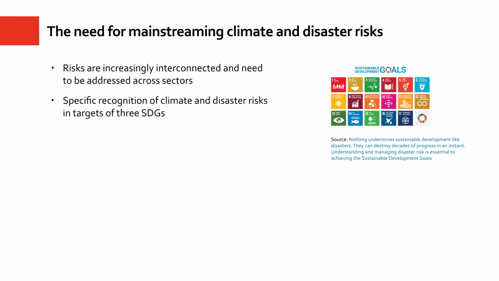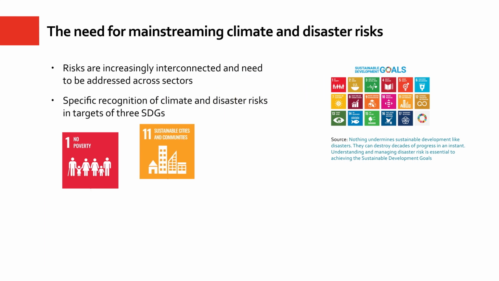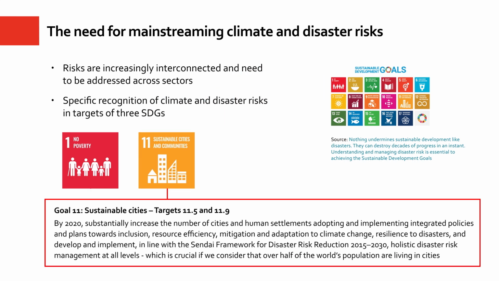For example, SDG 1 on ending poverty has a target that aims for building resilience and reducing the exposure and vulnerability of the poor to different shocks and disasters. Or in SDG 11, Sustainable Cities, the targets 11.5 and 11.9 talk about strengthening policies and plans towards mitigation and adaptation to climate change, as well as resilience building at city level.